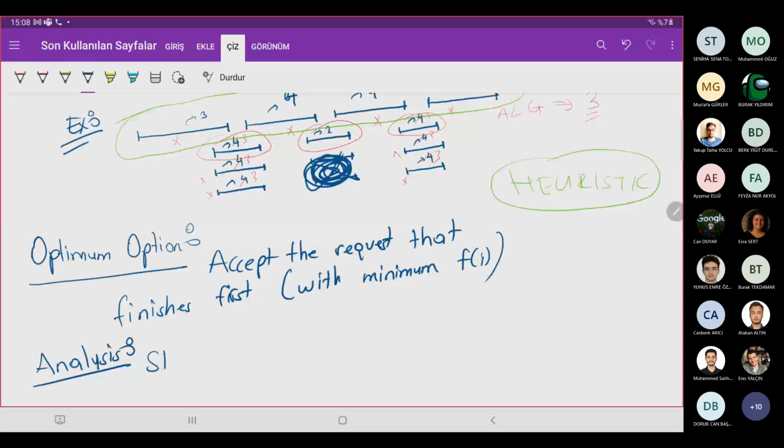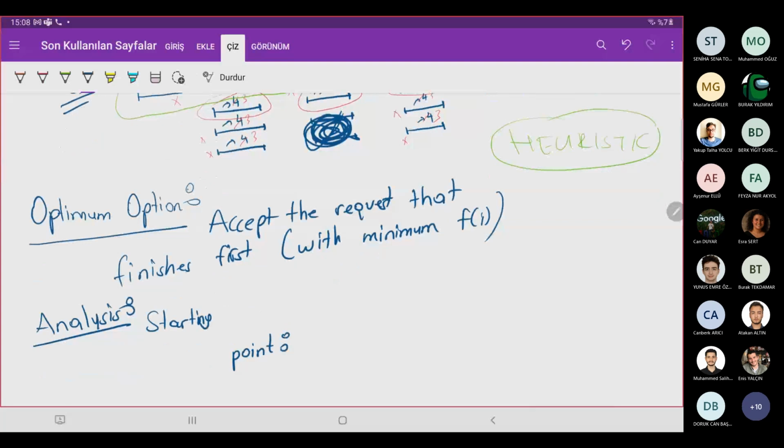So the starting point is a lemma, okay? I won't give a proof of the lemma, it's obvious, but we need to say it. So that's why we say it.